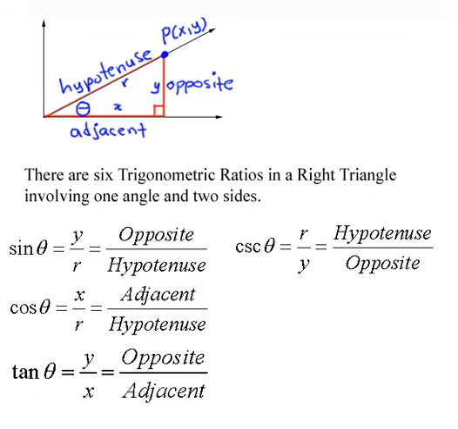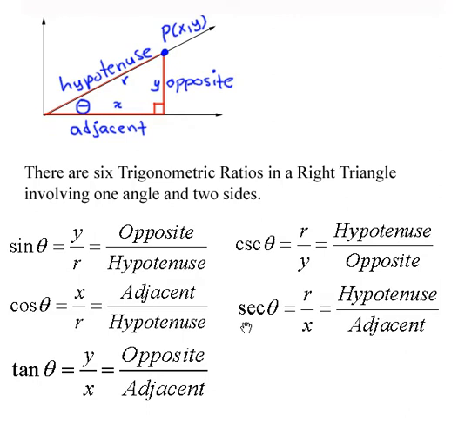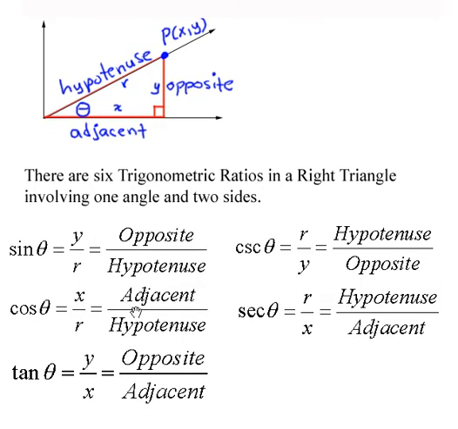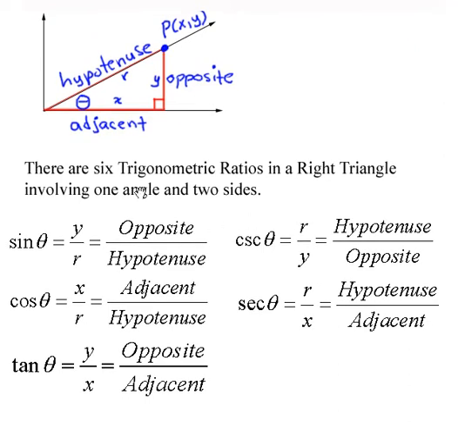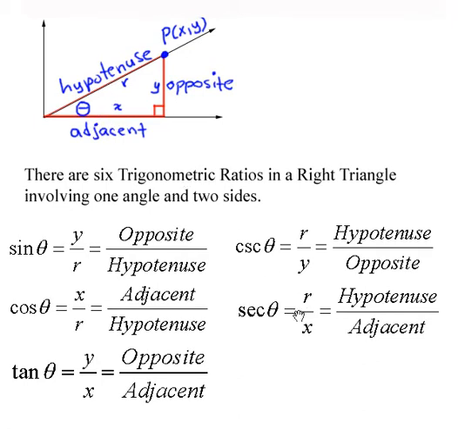That's the cosecant. The reciprocal of cosine is secant. And so if cosine is adjacent over hypotenuse, secant is hypotenuse over adjacent. So again, standing at our circle, we take the hypotenuse over the adjacent, or r, the radius, over the x component, and that defines the secant.